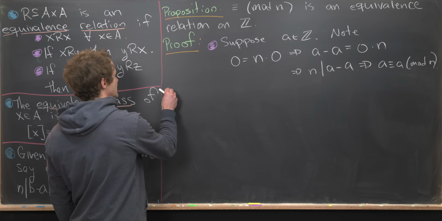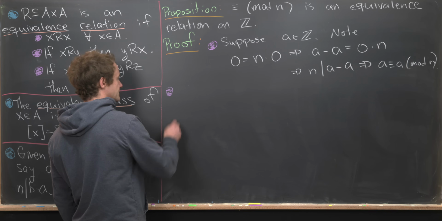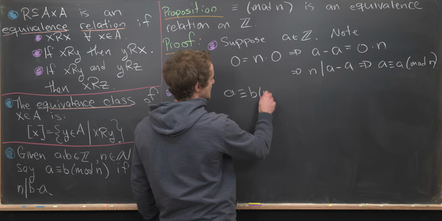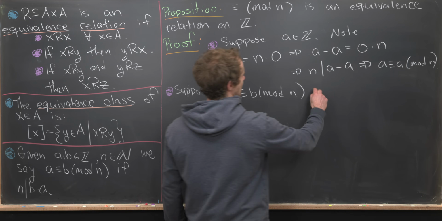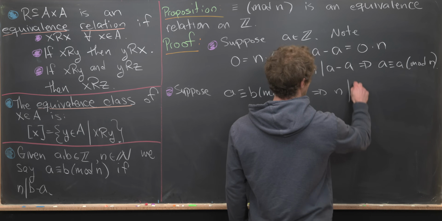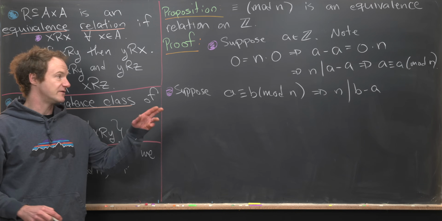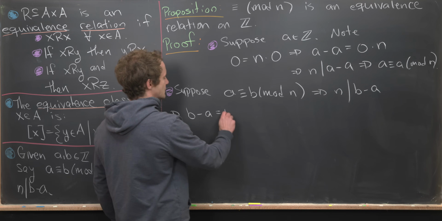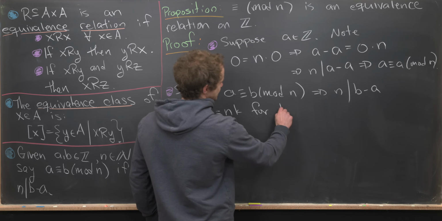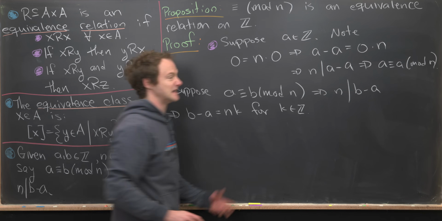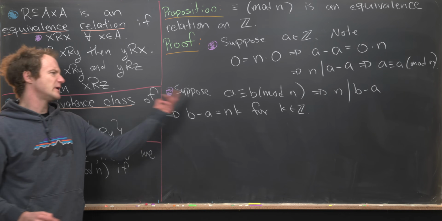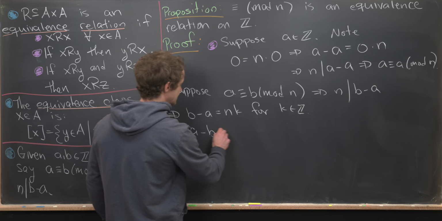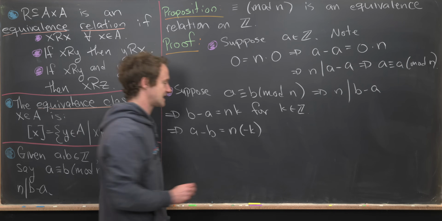So now let's show that it is symmetric. So let's suppose that a is congruent to b mod n. And notice that that implies that n divides b minus a. But if n divides b minus a, that means that b minus a is equal to nk for some integer k. It's the definition of divisibility. But now we can invert this a little bit, and that's going to give us a minus b is equal to n times minus k.